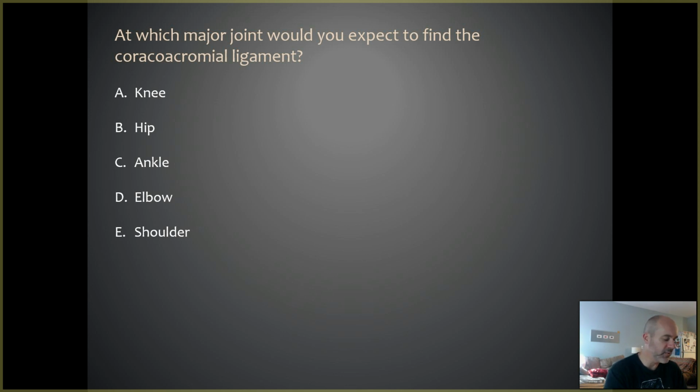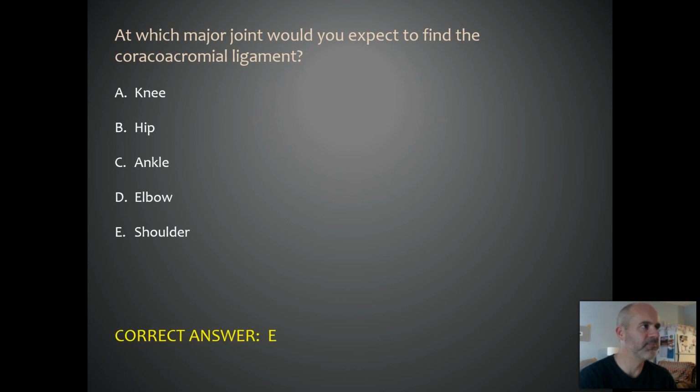Hopefully this is reminding you of the coracoid process and the acromion. So where would you find it? That's going to be a ligament between the coracoid process and the acromion process of the scapula. So what joint does the scapula participate in? Hopefully you're thinking the shoulder joint for that one.